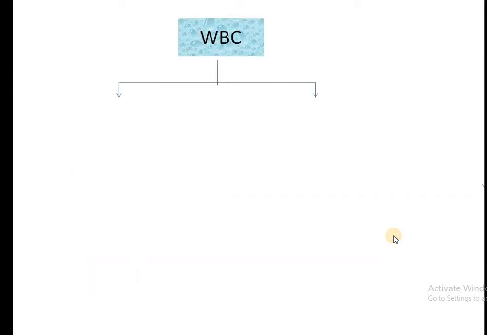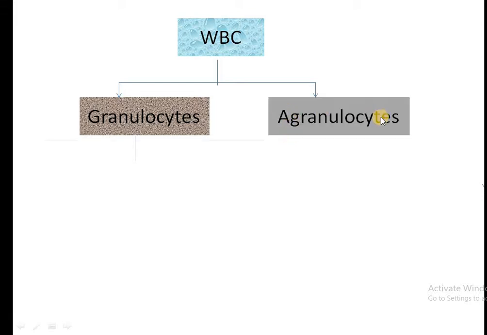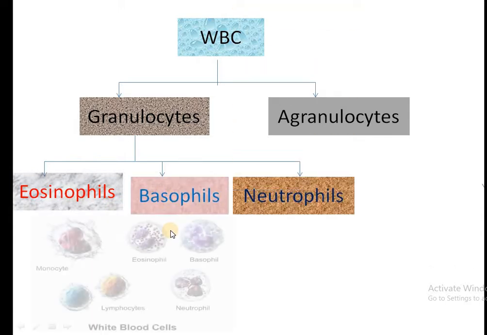WBCs are again of two types depending upon the presence or the absence of granules in the cytoplasm. In which it is present, that is known as granulocytes, and in which the granules are absent in cytoplasm, they are known as agranulocytes. Granulocytes are of three types, eosinophil, basophil and neutrophils.